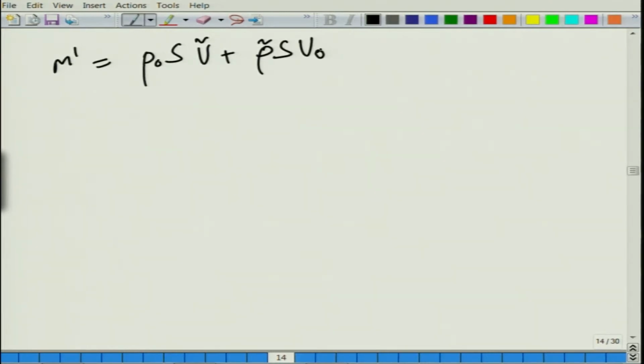This we can write as the perturbation mass velocity plus p tilde by c naught square times S u naught.